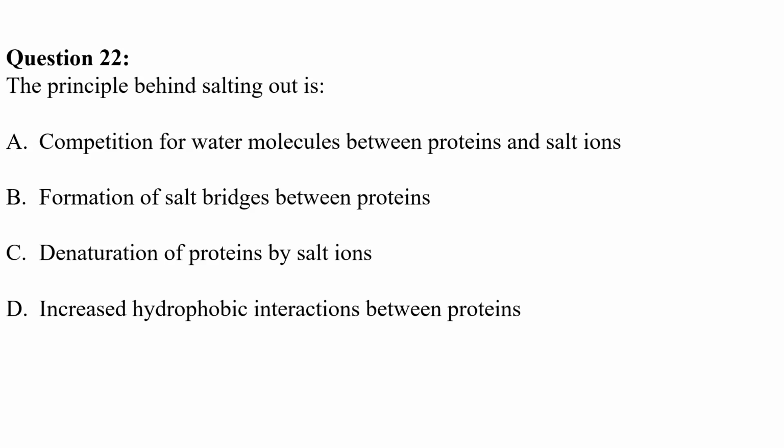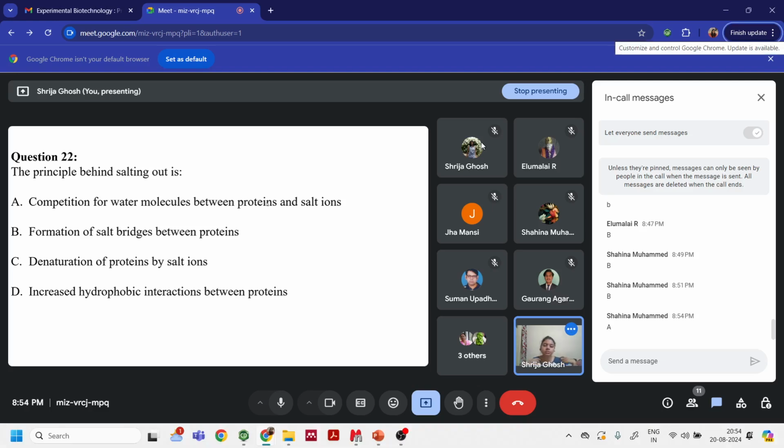Option B, formation of salt bridges between proteins. Option C, denaturation of proteins by salt ions, and option D, increased hydrophobic interaction between proteins. What is the correct answer? Okay, Shaina has answered option A, competition for water molecules between proteins and salt ions. Anyone else wants to answer?